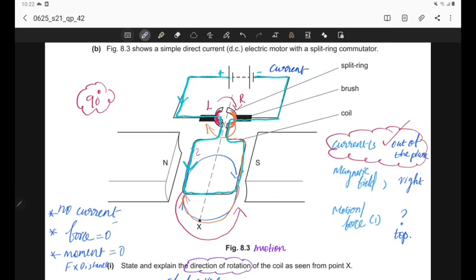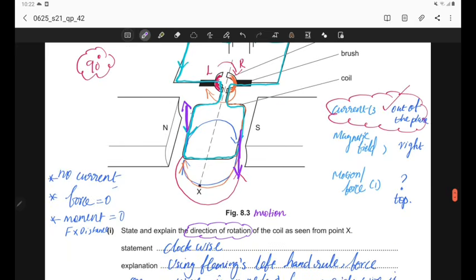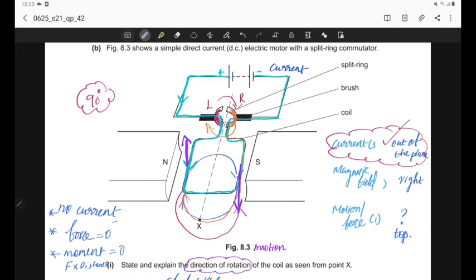On this left coil, the force will again be upwards, and on the right coil the force will again act downwards, because even though the current in the coil reversed or changed direction, the forces on the wires in the new position will still be up on the left and down on the right. So hope it is clear. I will give one YouTube video link for the animation of this explanation, so it will be easy for you to understand the concept or working of this DC electric motor.